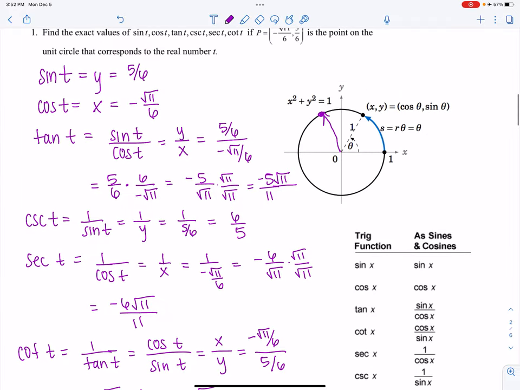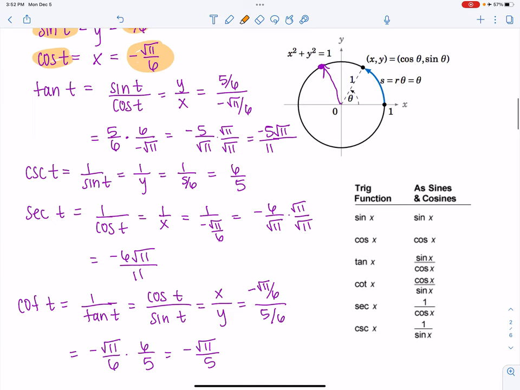So we have our sine is 5 over 6. Cosine is negative root 11 over 6. Tangent is negative 5 root 11 over 11.